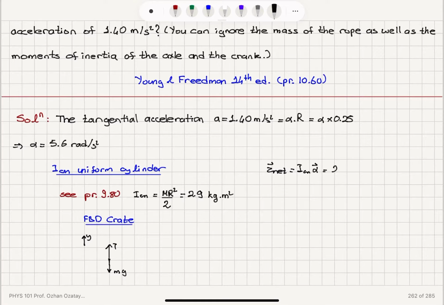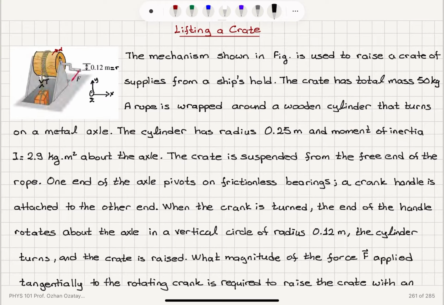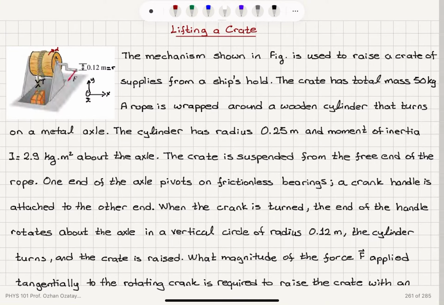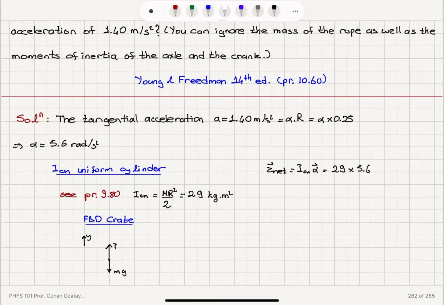Now the moment of inertia is 2.9 and alpha is 5.6 radians per second squared. Now what is the direction of this alpha? You can see here, this is my x-axis, y-axis and z-axis. When I curl my fingers in the direction of alpha, my thumb points in the minus i hat direction. So the torque is in the minus i hat direction. So the net torque is 16.24 newton meters in the minus i hat direction.